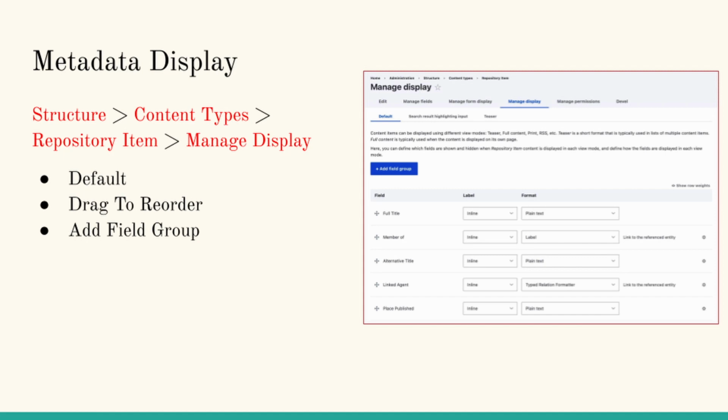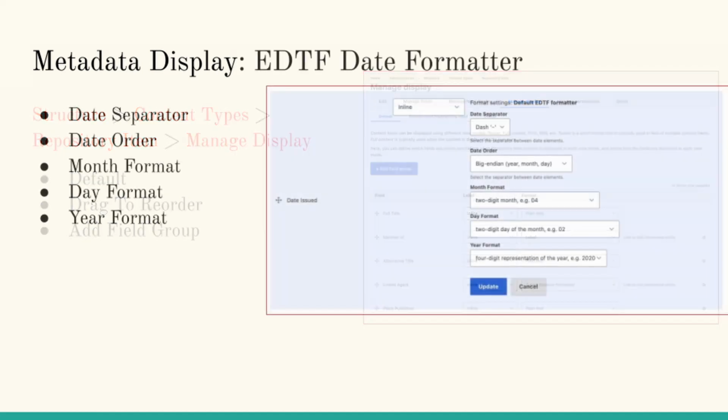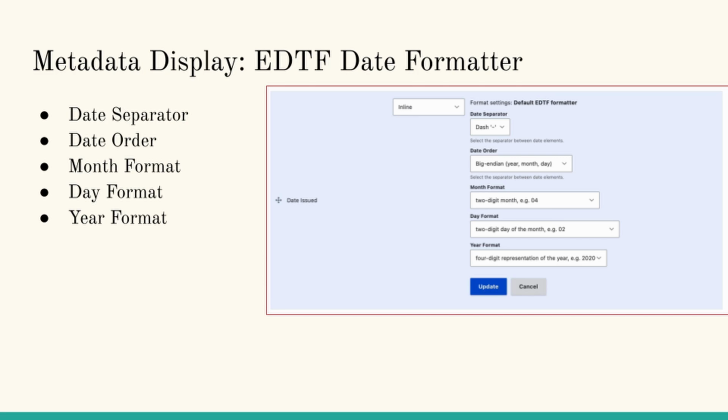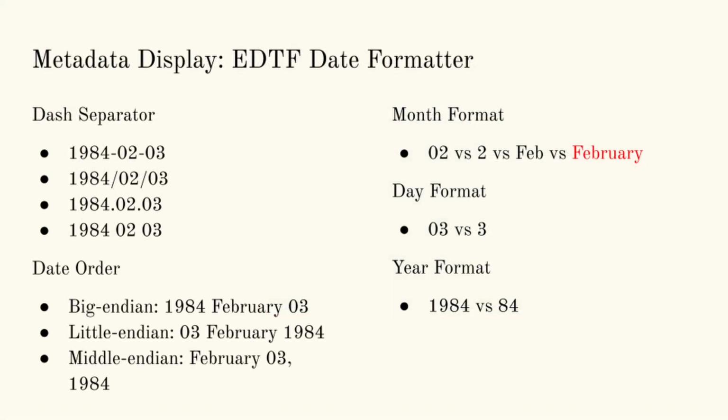One of the things, this is where I said I was going to talk a little bit about the EDTF date formatter. This is something that you do on the manage display. It has 5 different ways of adjusting how your EDTF date is going to be displayed. Just as examples, one of them is dash separator.